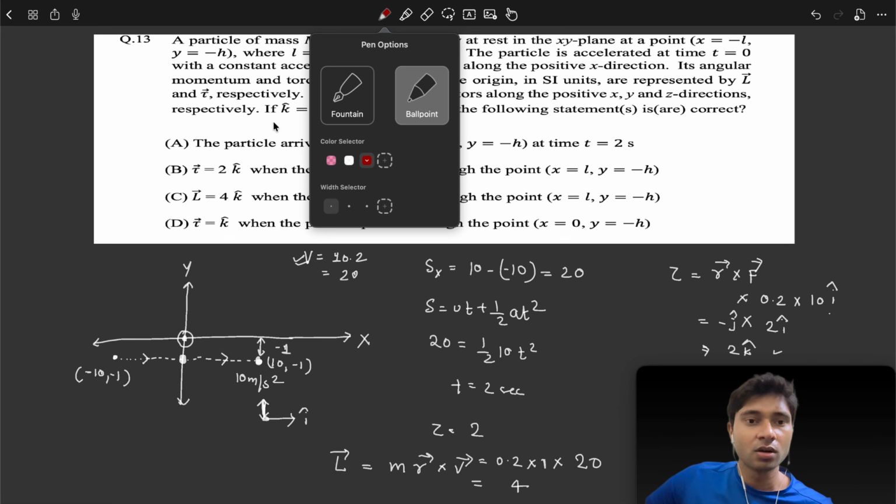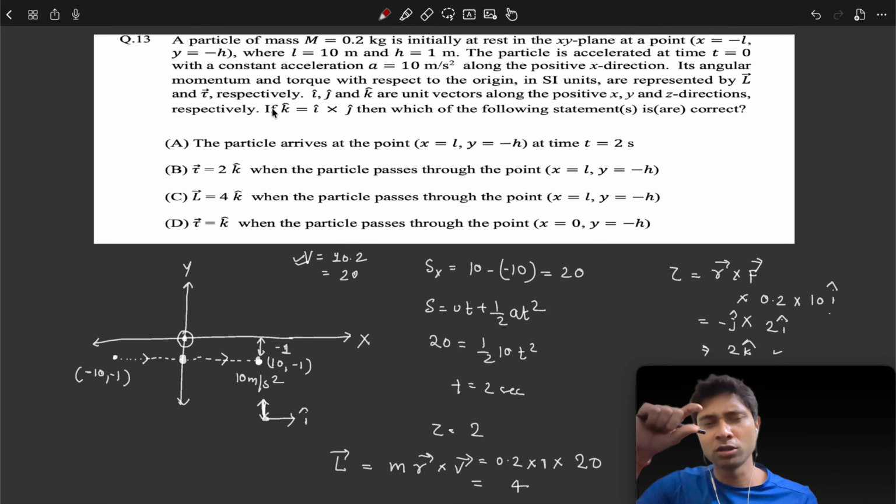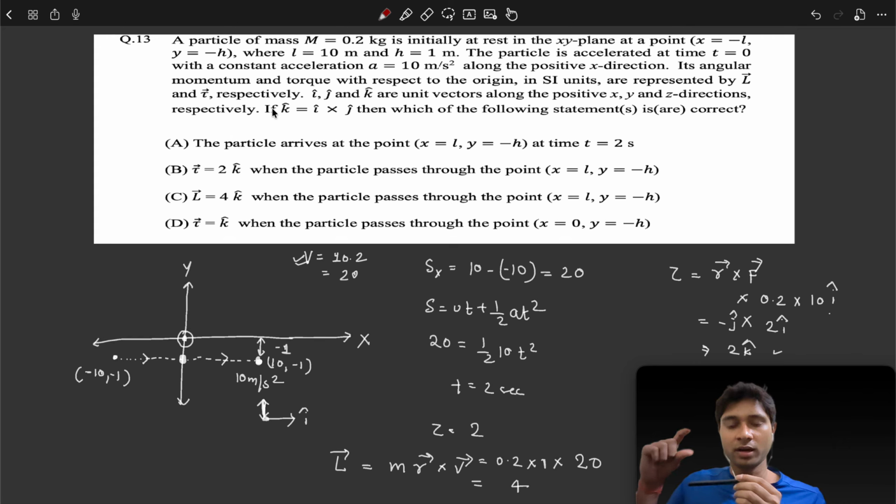Throughout the motion, our torque will remain the same, because acceleration is the same, and the perpendicular direction to the x-axis is also the same, which is 1 unit. There is no movement along the y direction or the z direction.